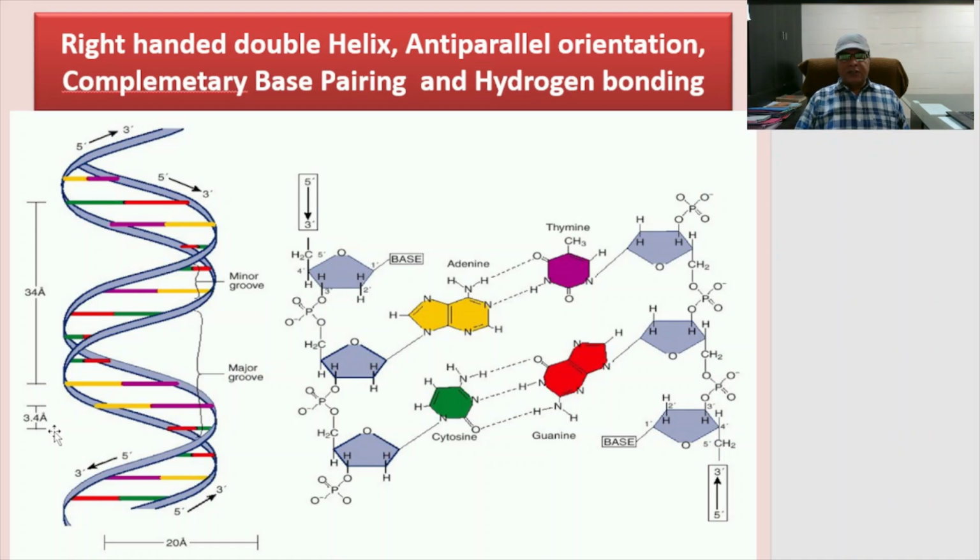These are the other major features of the double helical model of DNA. And the distance between the two strands is almost 20 angstroms.